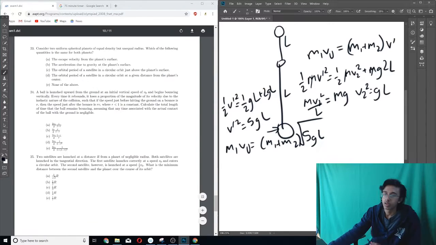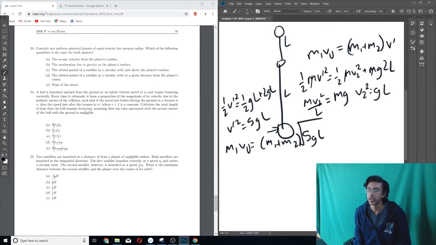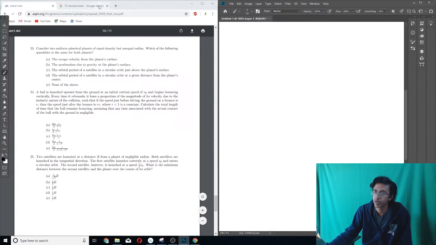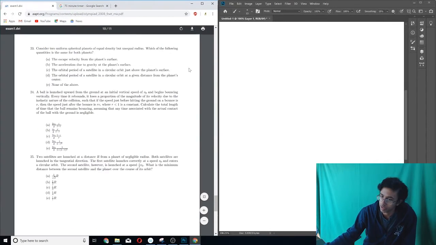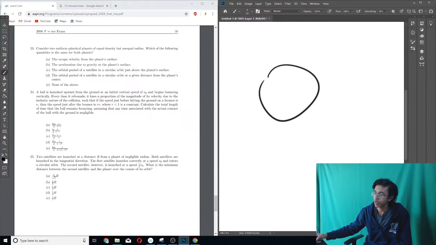Alright, 23. Consider two uniform spherical planets of equal density but unequal radius. Which of the following is the same for both planets? So escape velocity from the planet's surface. Okay, so is that gonna work? Escape velocity is basically equal to negative GMm over r.